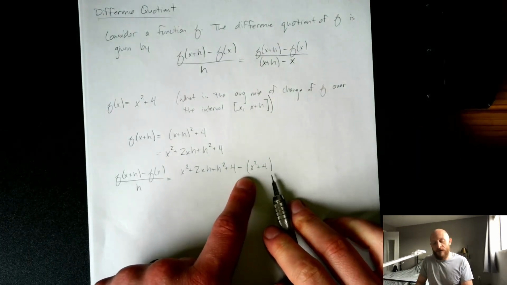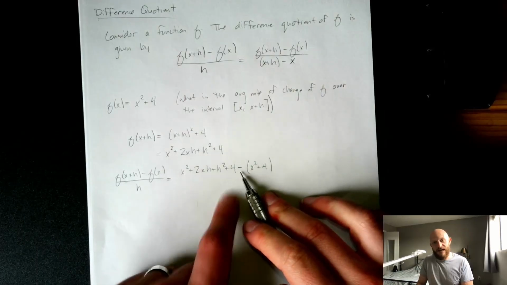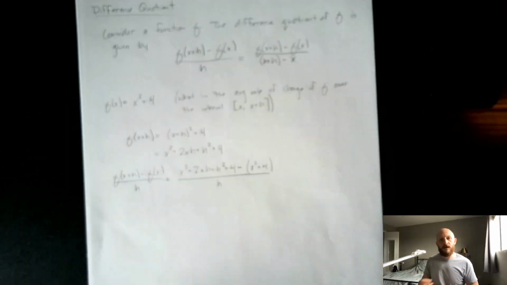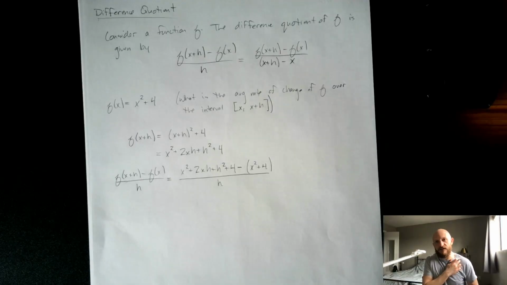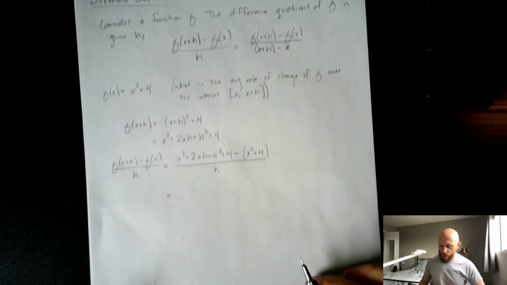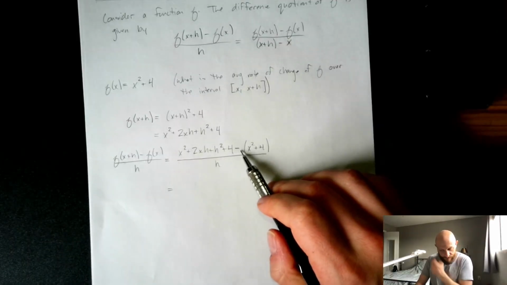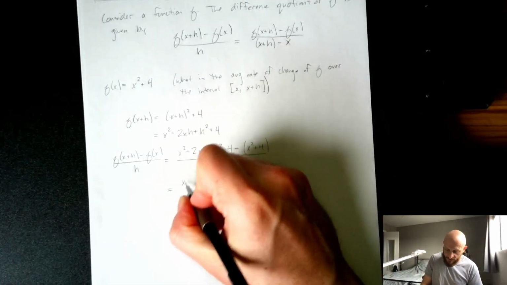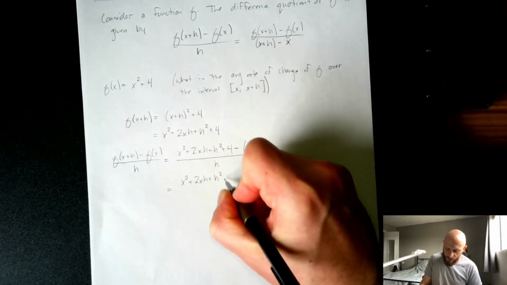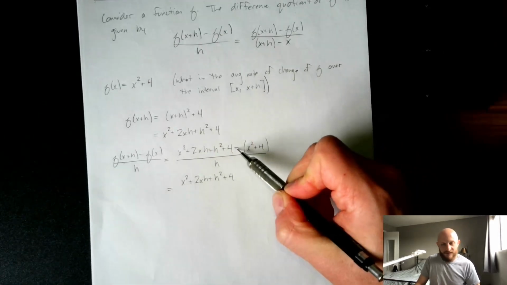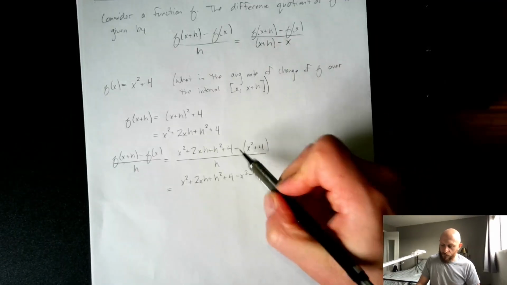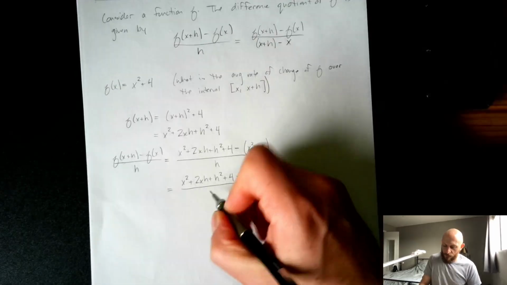If you don't add in the parentheses, then you're not going to be distributing this negative, and you're going to get something wrong. All of that divided by h. There's nothing to do in the denominator yet. Just leave it as h. But watch what happens in the numerator. If I distribute this negative, then we have the first piece, x squared plus 2xh plus h squared plus 4. And then distribute this negative. It becomes minus x squared minus 4. The negative gets distributed, all over h.